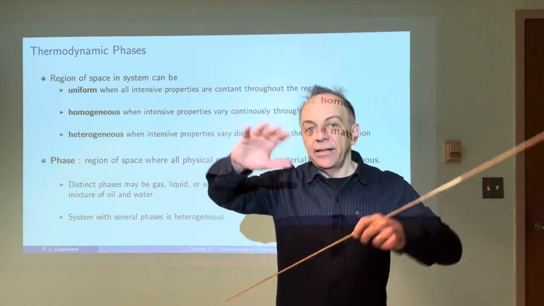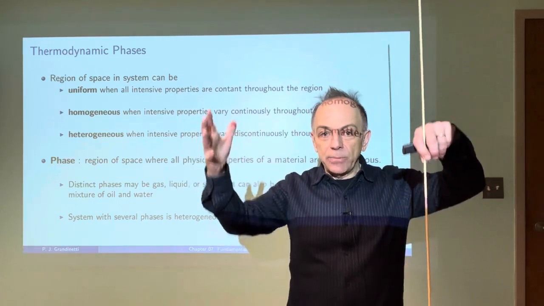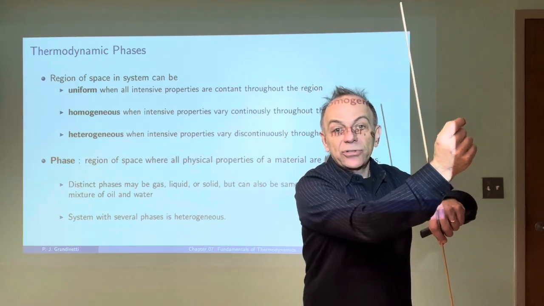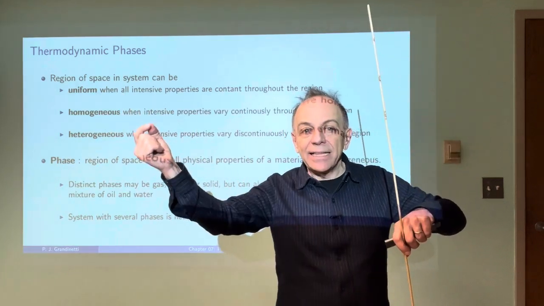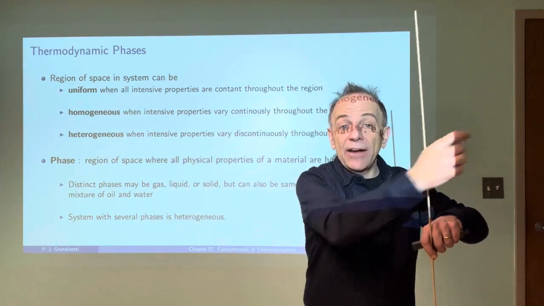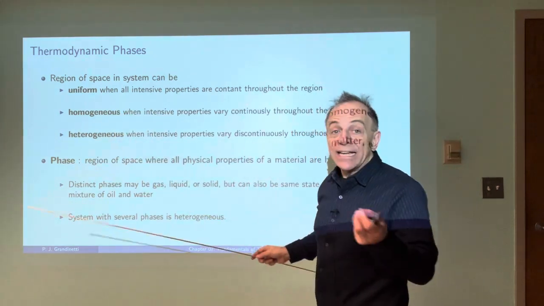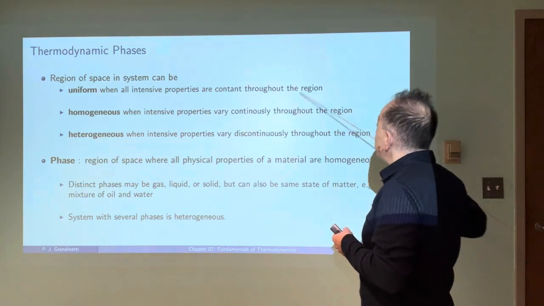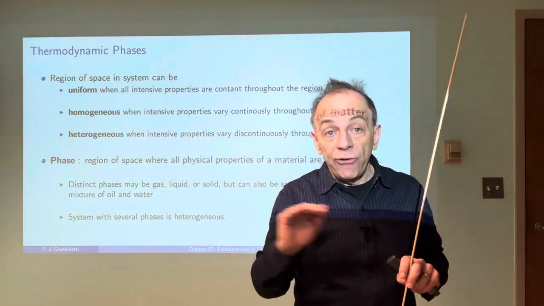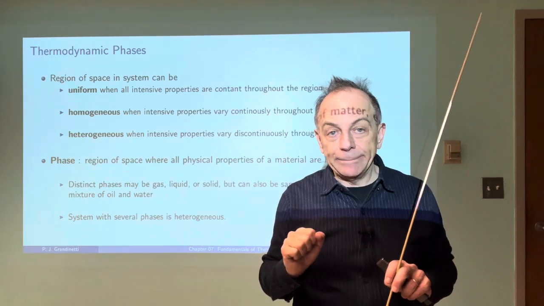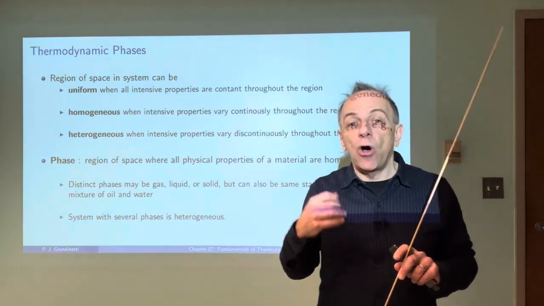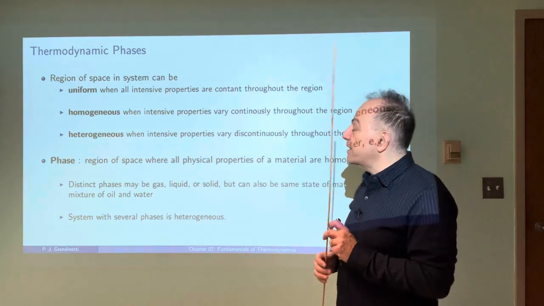So if I was in some solution and I looked at this point in the solution and this point in the solution and this point in the solution, and the temperature was exactly the same at all points in the solution, and the density was all the same at every point in the solution, these are all intensive properties. If they're constant throughout that region, we would say that that system was in a uniform phase.